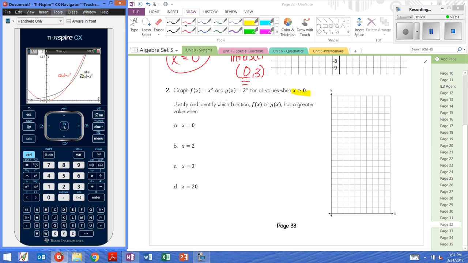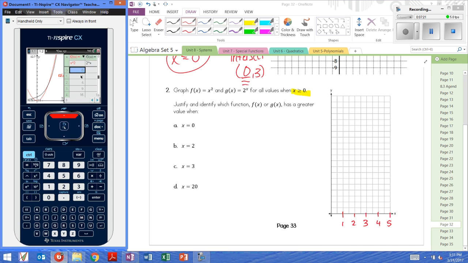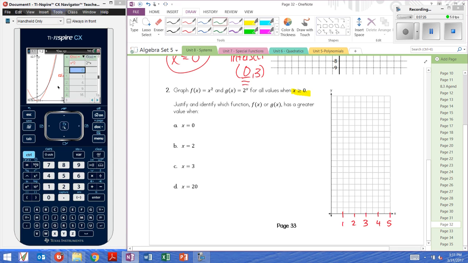Okay, so let's make our tables of values here. And I'm going to graph, let's say, 1, 2, 3, 4, 5. That's good. I can actually squeeze that all in there. Okay, so let's look at our table for my x squared.